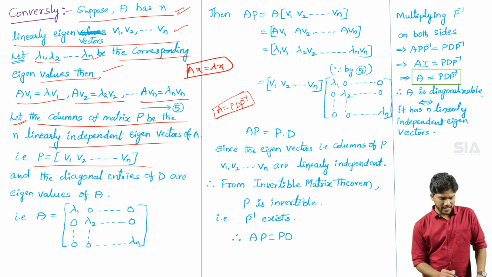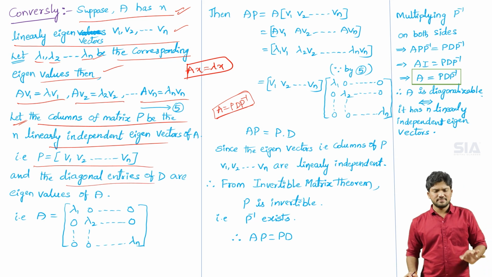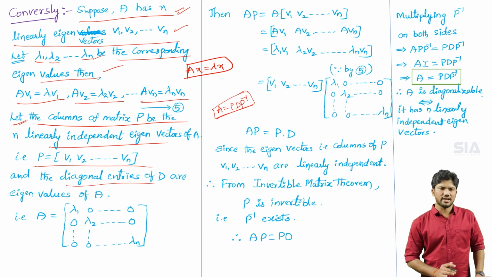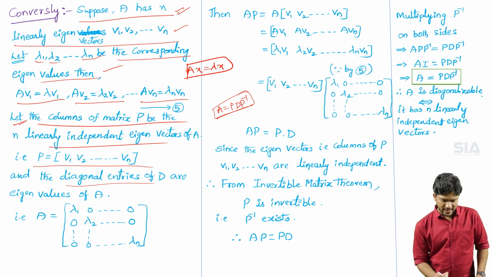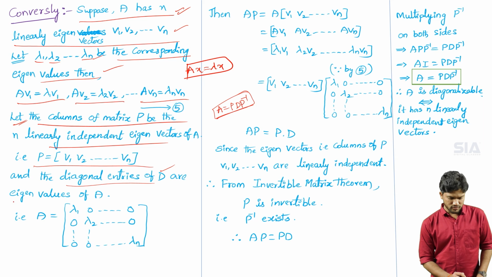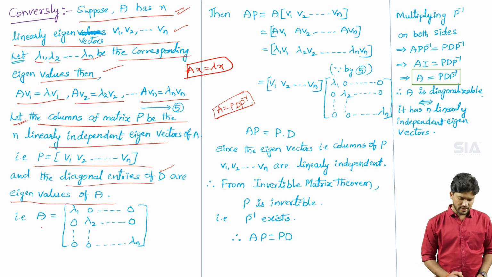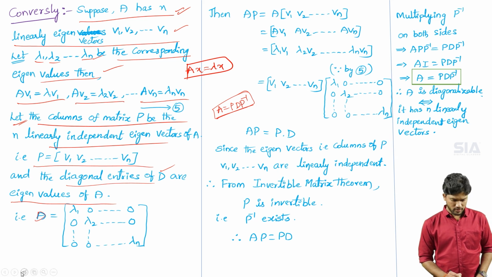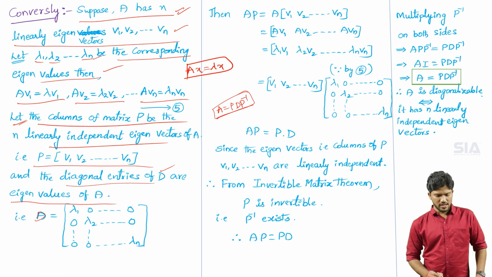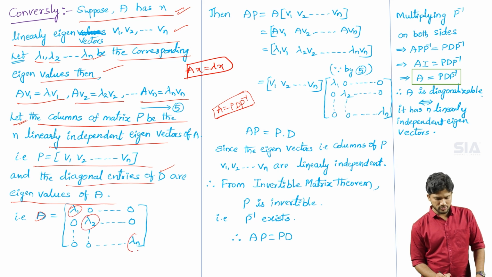And the diagonal entries of capital D. Why do we mention especially diagonal entries? Because the remaining entries of capital D are not there; only diagonal entries are there. The remaining entries are all zeros, so the diagonal entries of capital D we take to be the eigen values of capital A. So then you can take capital D. Okay, it is also capital D. So the diagonal entries of capital D are lambda 1, lambda 2, up to lambda suffix n.